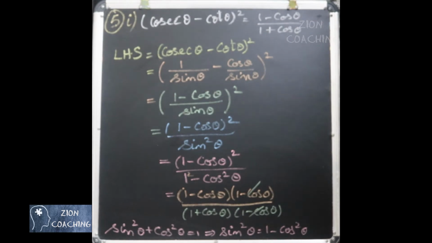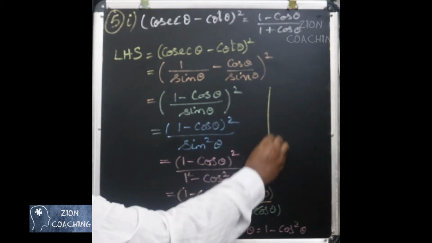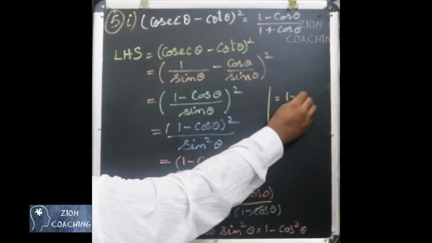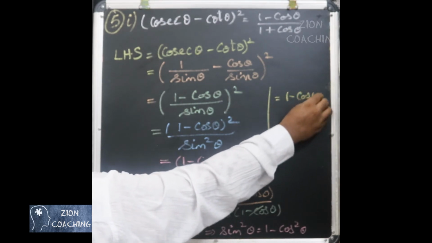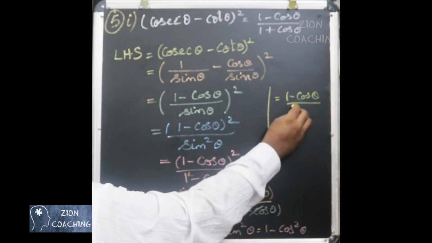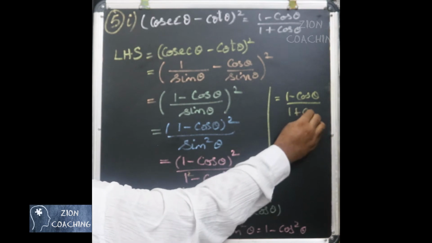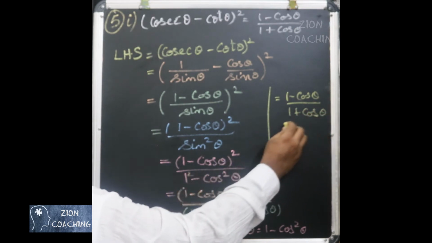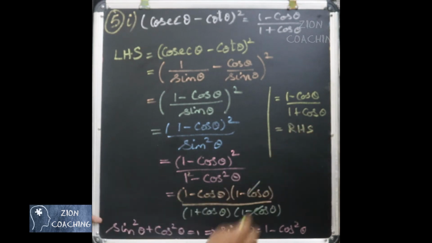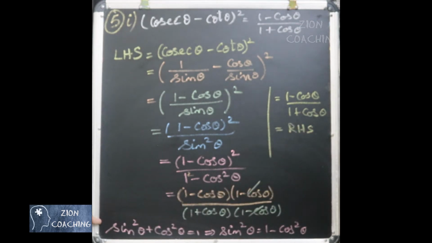Now 1 minus cos theta in the denominator and numerator can be cancelled. Finally we will be left with 1 minus cos theta in the numerator and 1 plus cos theta in the denominator, and that is our right hand side. So we have shown that LHS is equal to RHS.